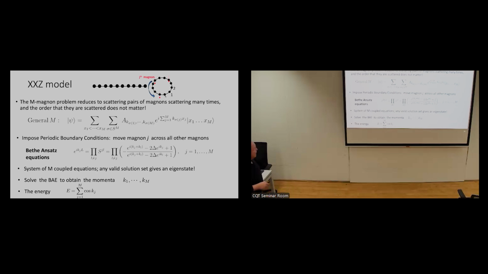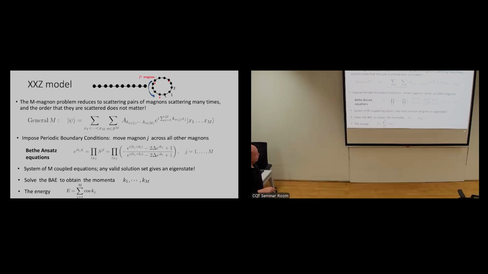And all I have then is that I picked up a phase e^{iKjL} because I moved the particle a distance L around. So I find that the allowed momenta Kj satisfy this Bethe Ansatz equation, namely e^{iKjL} must be the product of the S matrices that allow me to move the particle all the way around.